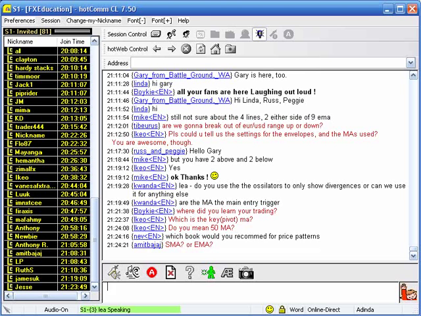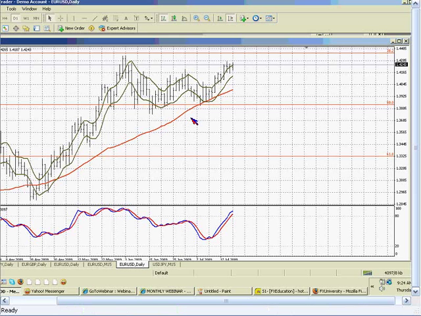Yes, 50. Okay, where did I learn my trading? Which book would you recommend for price patterns? SMA or EMA? Let's take a look at it. Now I have questions. That's pretty good. I like using simple. However, on 62, I use exponential, 233 exponential, 312 exponential.